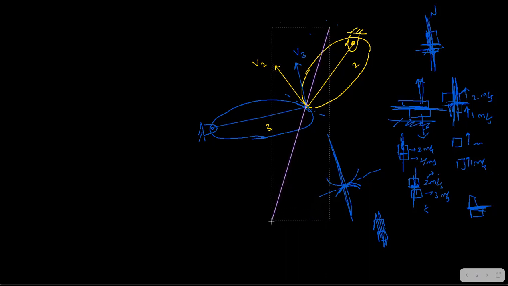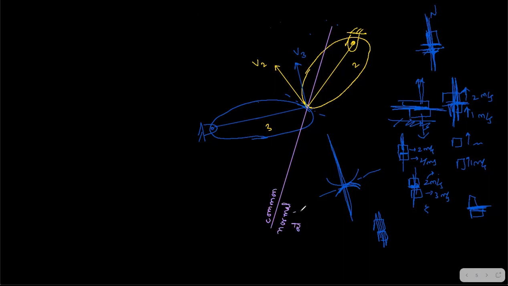At the point of contact, draw a common tangent to both the surfaces, then draw a perpendicular to it. That is the common normal at the point of contact.